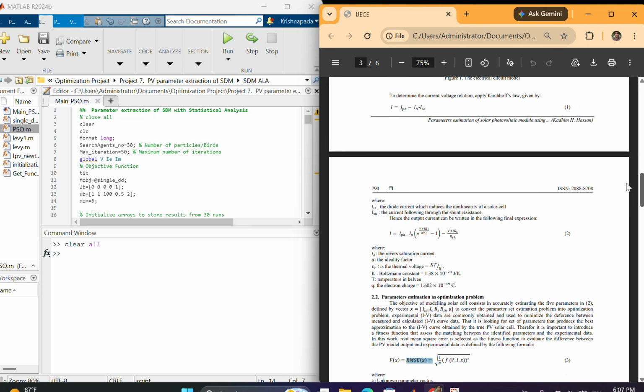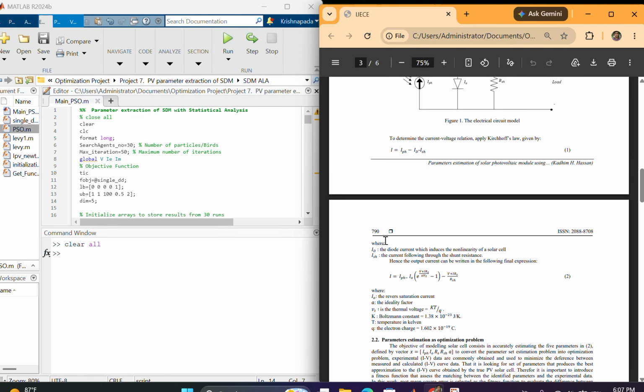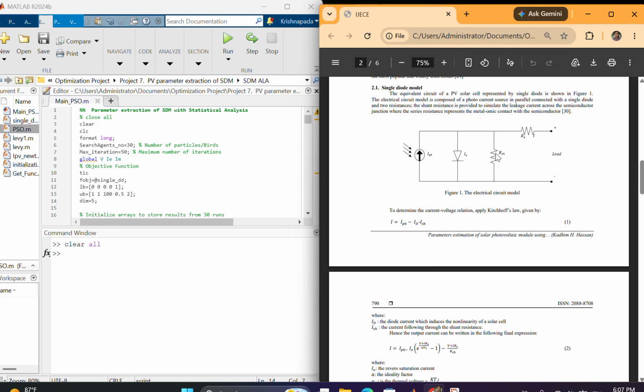Photovoltaic model parameters means RSS, RS, I naught, IPS, N, that means diode ideality factor. That's why I am using dimension 5.